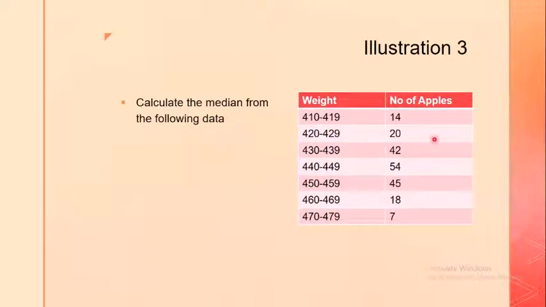Now moving on to the third illustration. Here the data given to us is 410 to 419, 420 to 429. This is the way the classes are given. We have to do a small adjustment over here in order to move further.